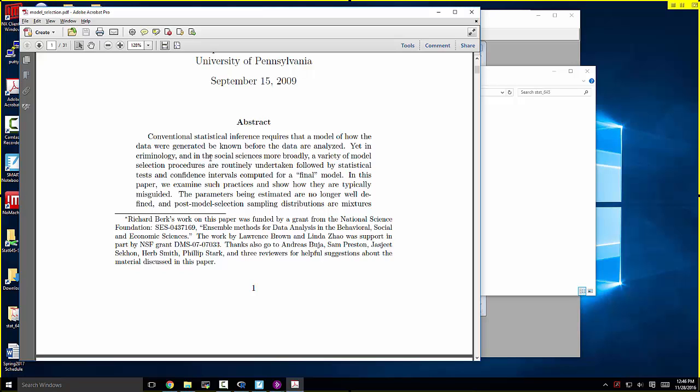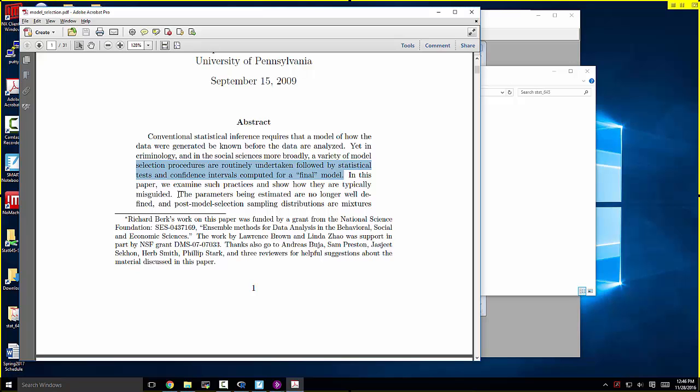So in many applications, a variety of model selection procedures are routinely undertaken, followed by inference on a, quote, final model. That is the issue that we're kind of worried about. So they say, when we do that, there's many ways that there can be problems.